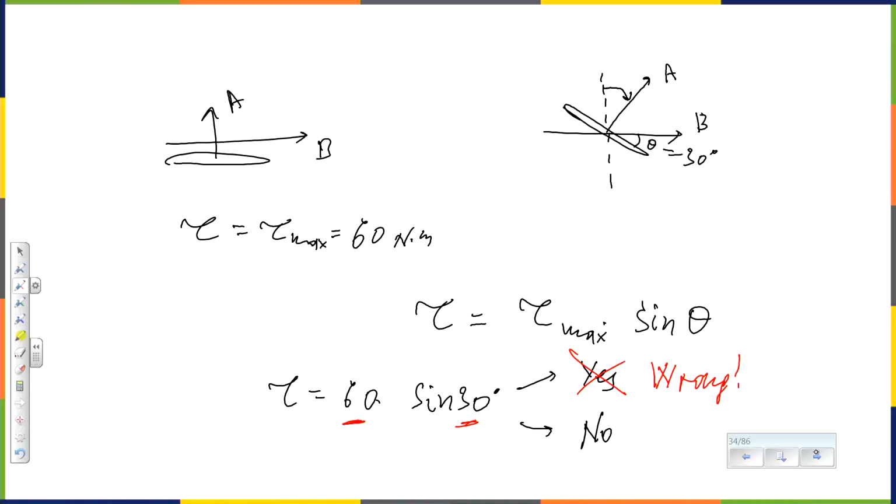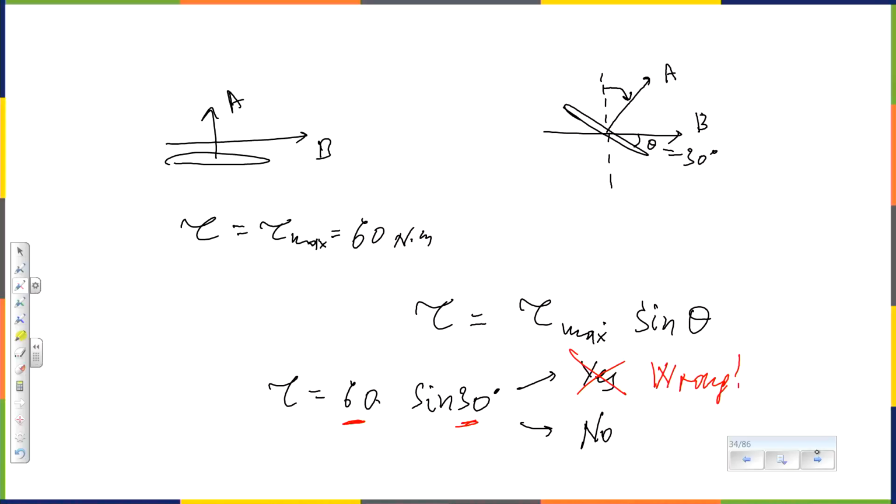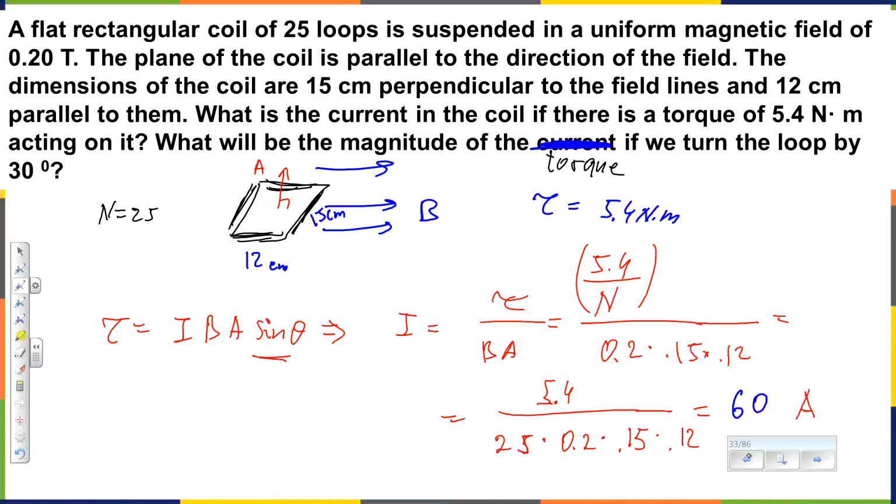Current affects 60, if 60 is a correct number, that means... It's empty.